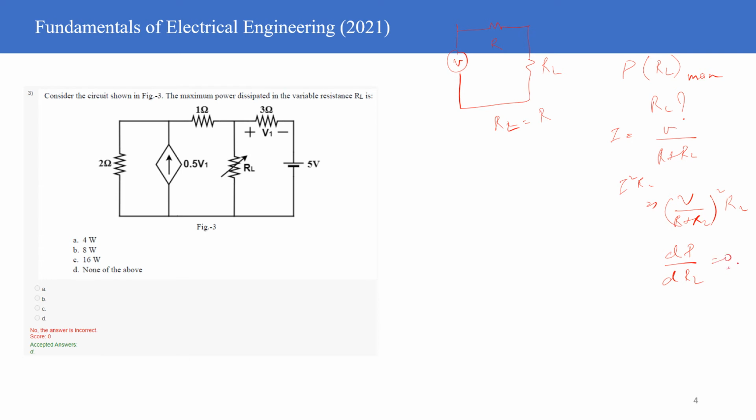So you take the differential of this and equate it to 0, and then you will figure out the solution for RL in terms of R. That will give you RL equal to R, and that is how you figure things out. This is the condition of a maxima or a minima. You take the double differential and then you will understand whether it's a maxima or a minima.